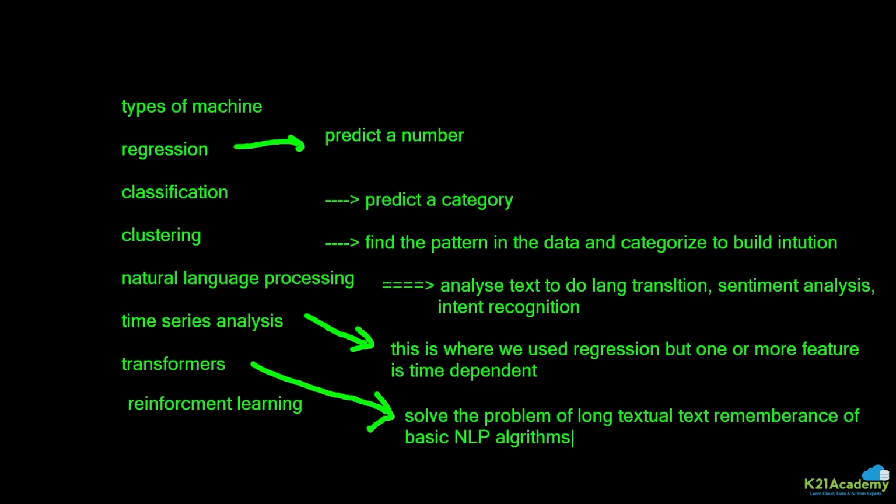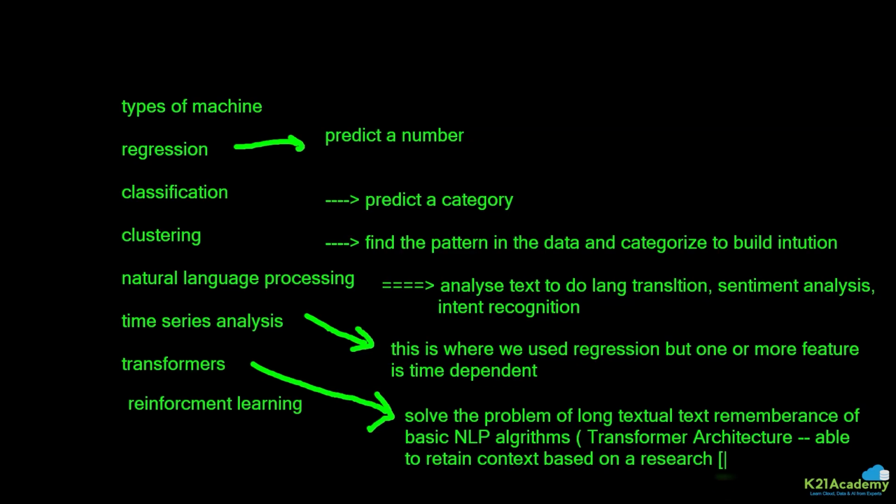That is where transformer comes into the picture, wherein there was a transformer architecture that was able to retain a lot of things in memory, based on a research paper which we call "Attention Is All You Need".